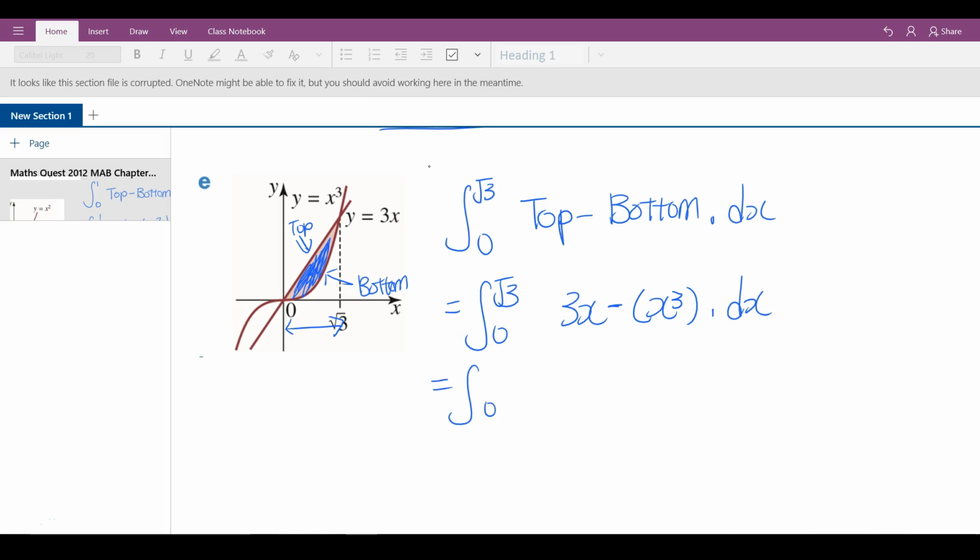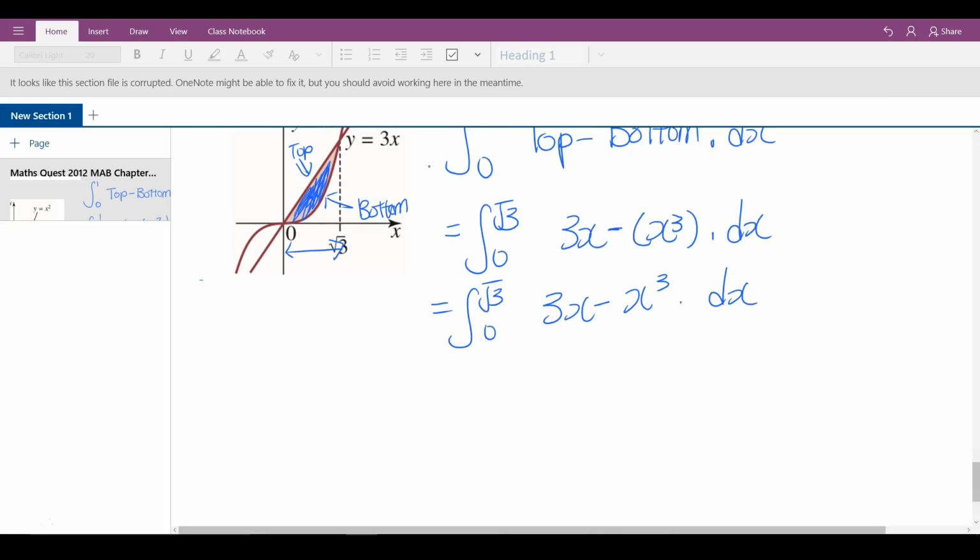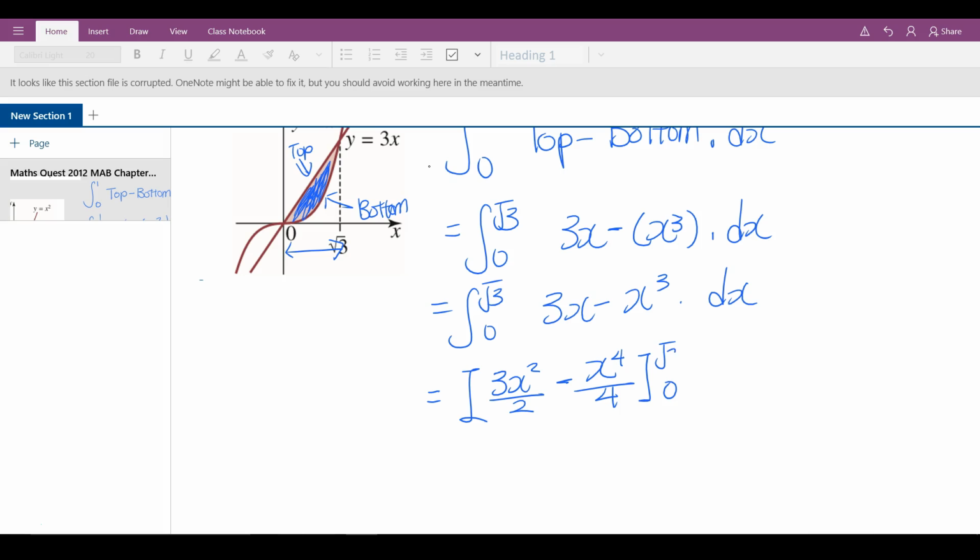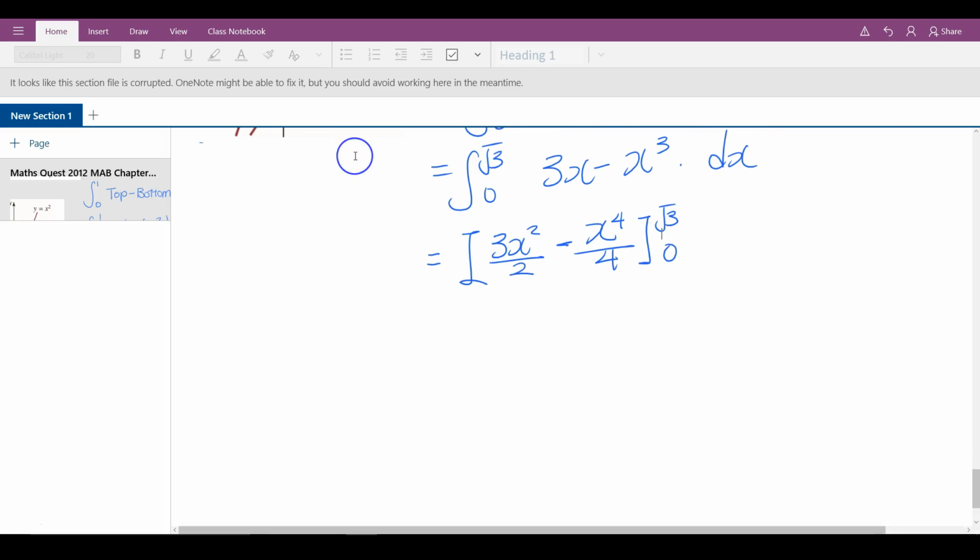Let's expand the brackets. So it's 3x minus x cubed, integrate with respect to x. So 3x integrates to 3x squared over 2 minus x to the power of 4 over 4. And then we put in the domain 0 to root 3. Now let's sub that in.